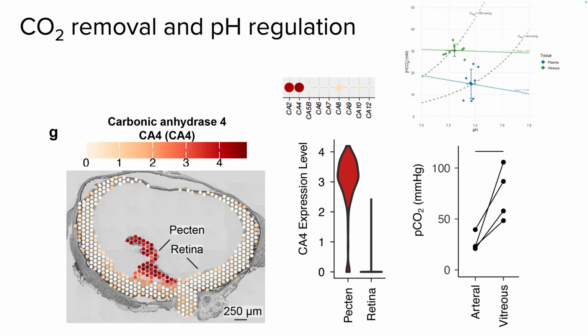So currently we're looking into whether the pecten or some other epithelium within the eyeball has acid-base transporters that could facilitate this pH regulation.